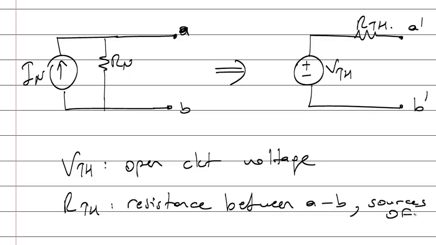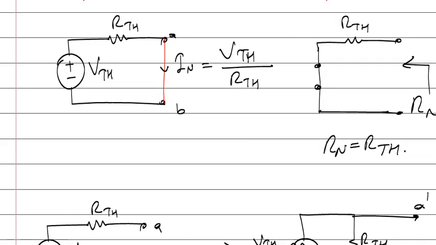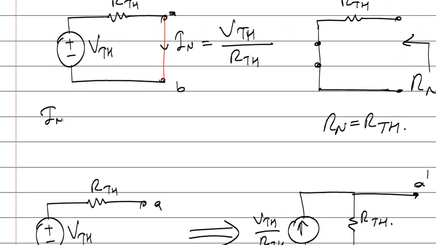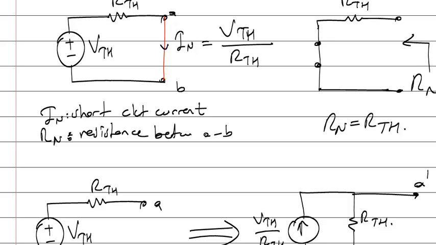Okay. After turning off the sources, you will measure the resistance between points A and B. And similarly, remember, I Norton is equal to the short circuit current, and R Norton is equal to resistance between A and B, while sources are off. Okay.